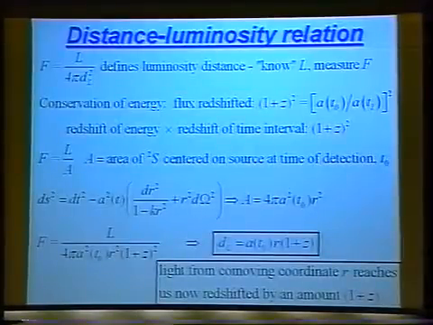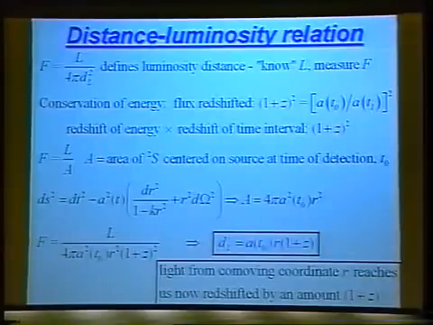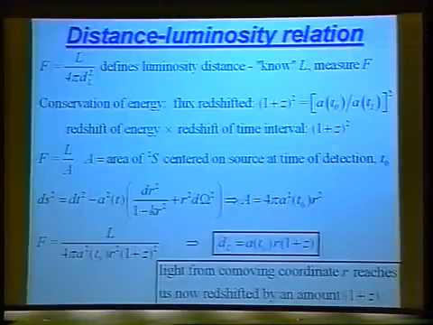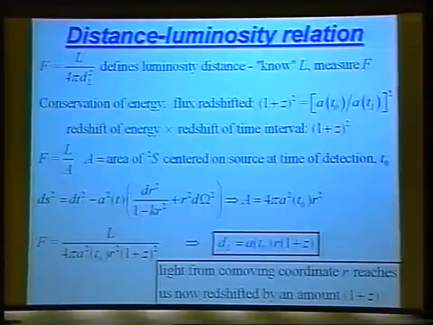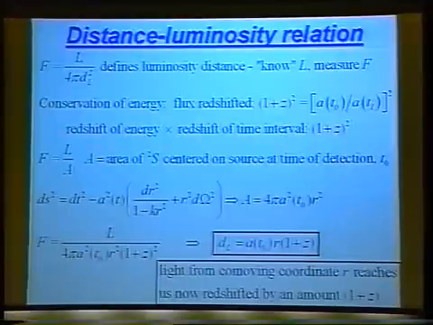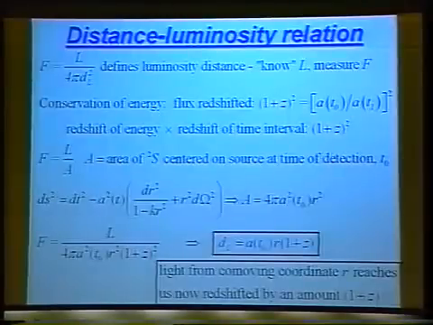The first factor is that the flux is redshifted by a factor of (1+z) squared. One of these factors of 1+z is a redshift of the energy. So the energy of the photon as it travels between the time of emission and the time of observation is redshifted by a factor of 1+z.